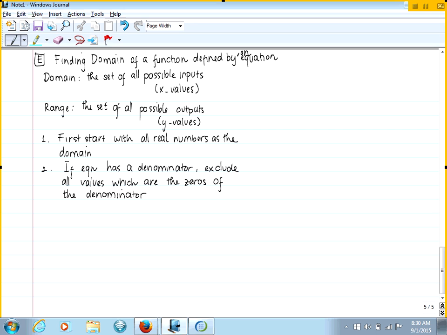So first of all, you will think, oh, the domain is all real numbers. But then if it has denominators, exclude those values. Now, the other thing is radical.